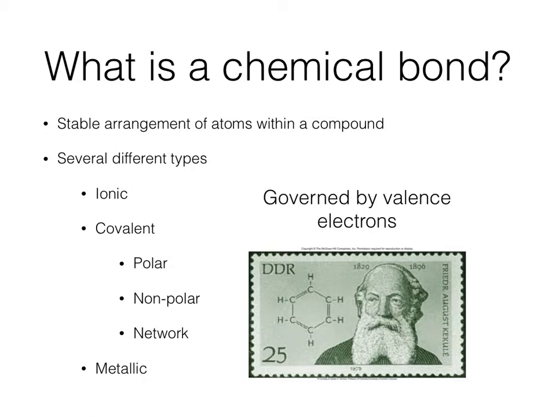Now there are several different types of chemical bonds that we're going to be dealing with, and do know that there is a difference between chemical bonding and physical bonding. Like glue.